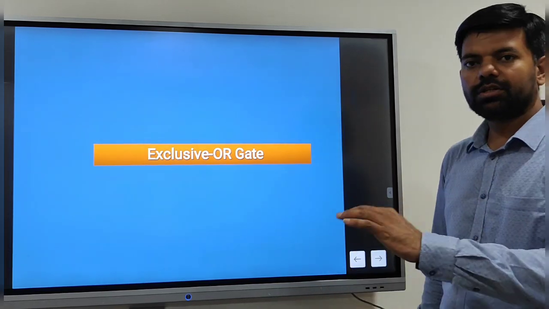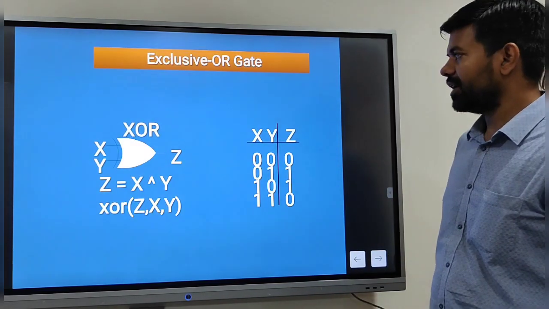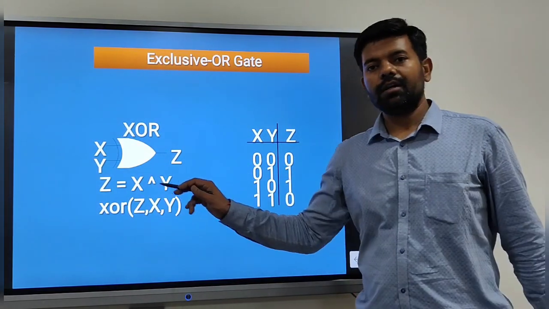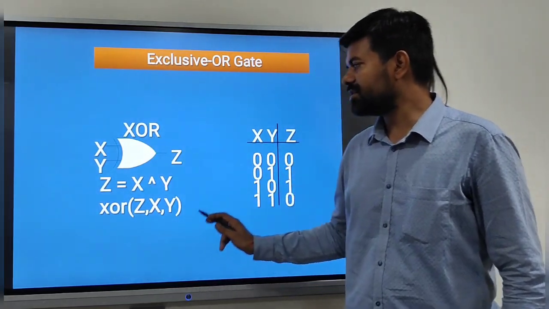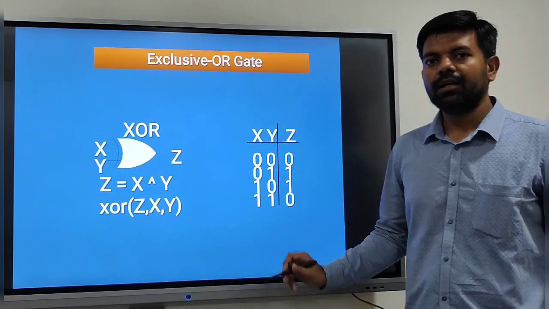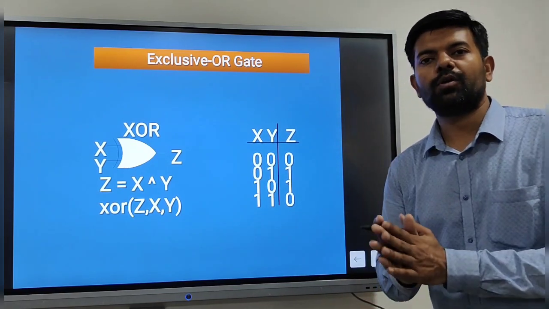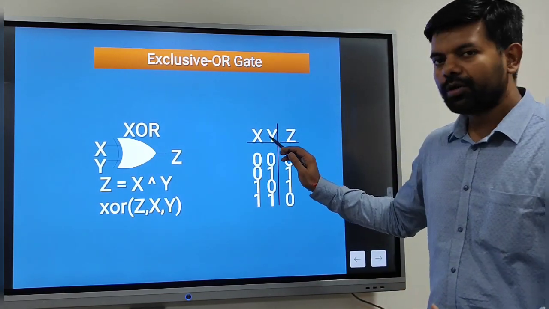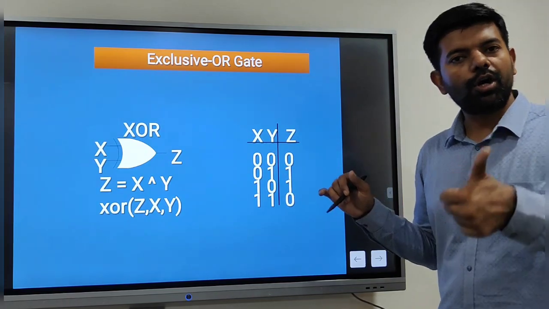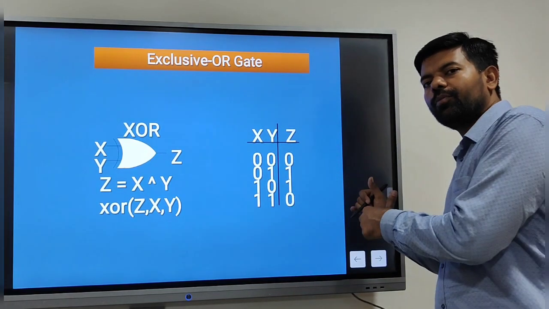Now the exclusive OR gate. This is the basic symbol of the XOR gate, and its basic definition is that it counts an odd number of ones. That is, when the inputs have an odd number of ones, the output becomes high.